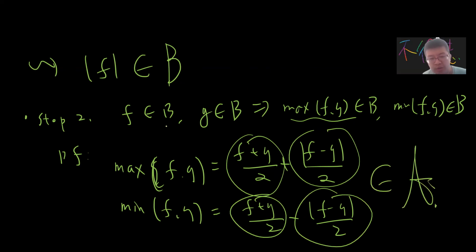Also, if f belongs to B, then you can find fn converging uniformly to f. This is easy to prove by lemma 1.